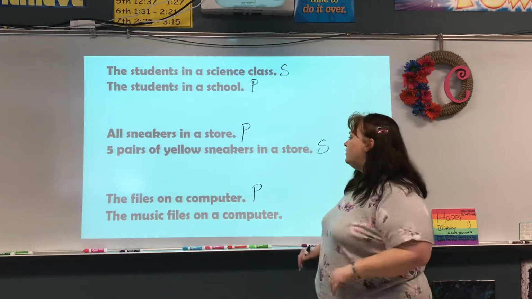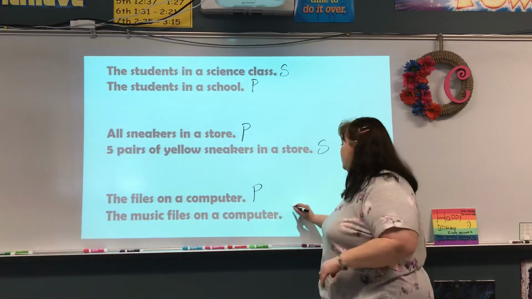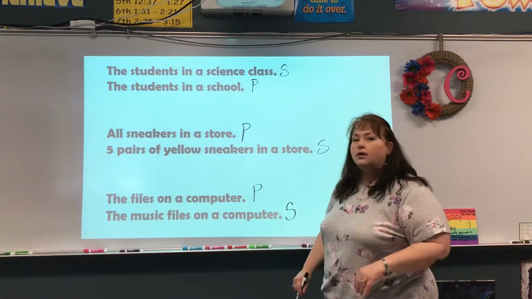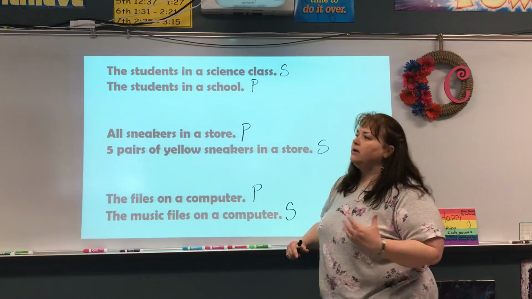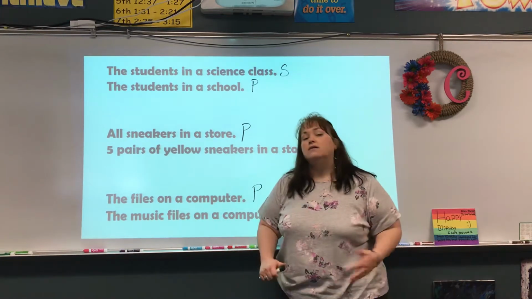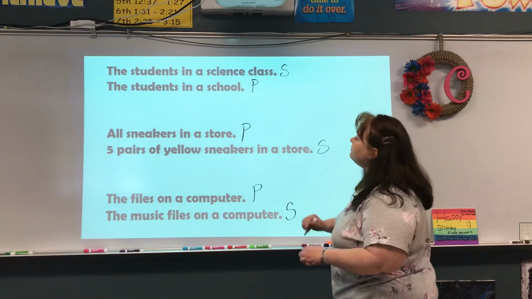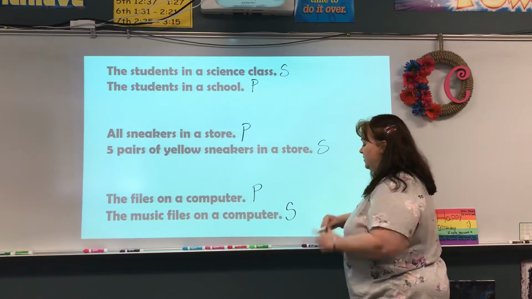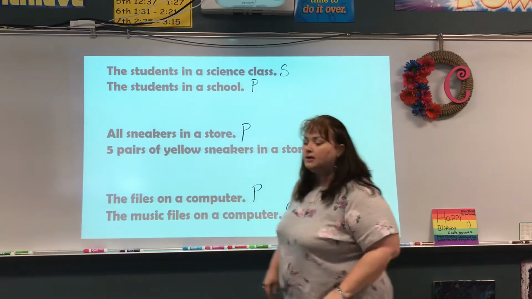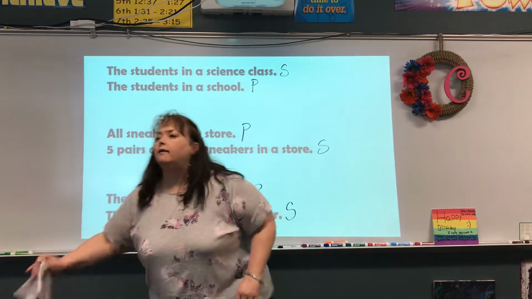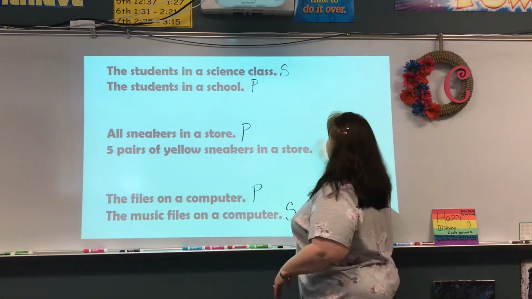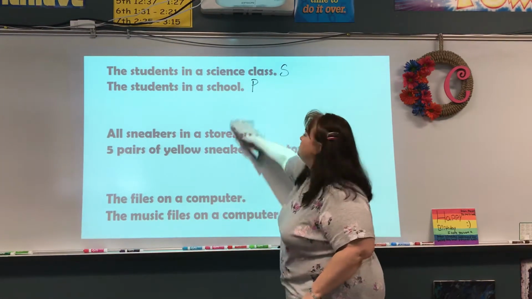So the music files then would be the sample, the small group of everything that is on the computer. So that's the difference between the population and the sample, and so that you know how to identify the difference between those.